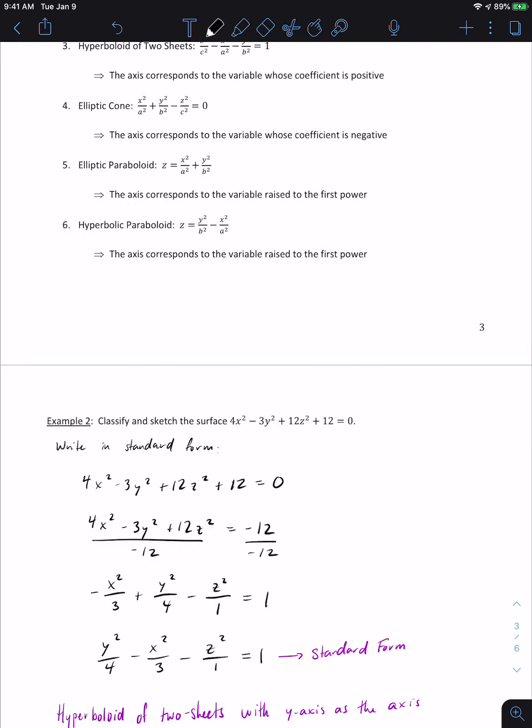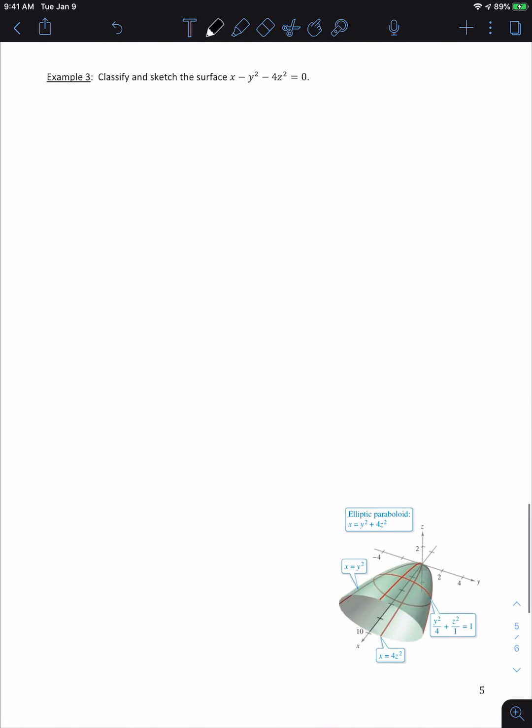So in order to put it in standard form, we should bring the variable that's taken to the first power by itself. So the original is x minus y squared minus 4z squared equals 0.